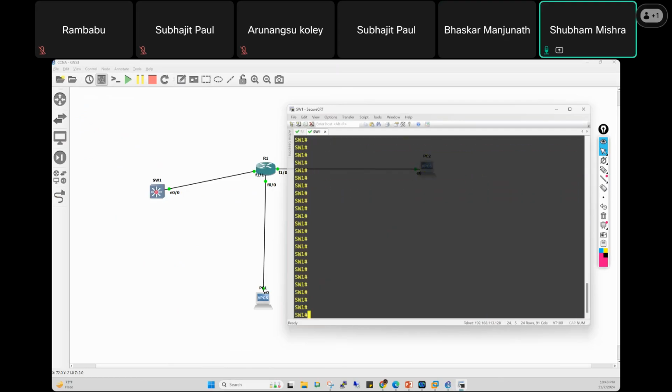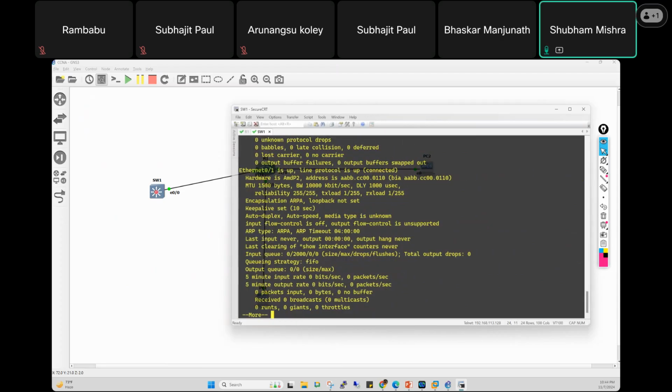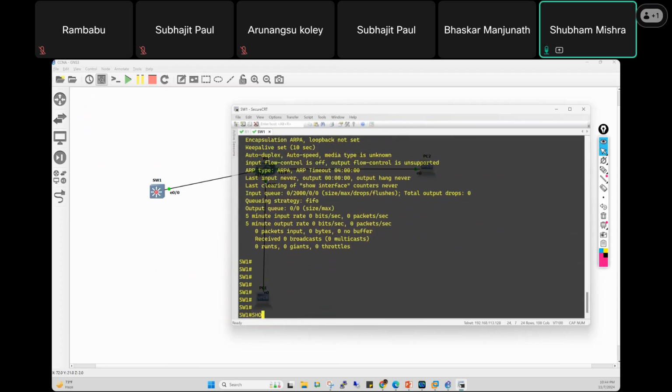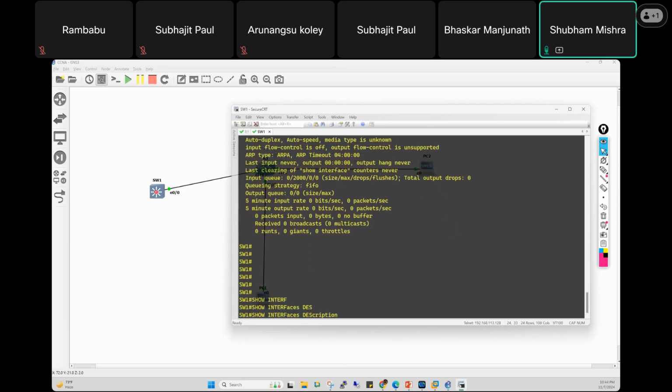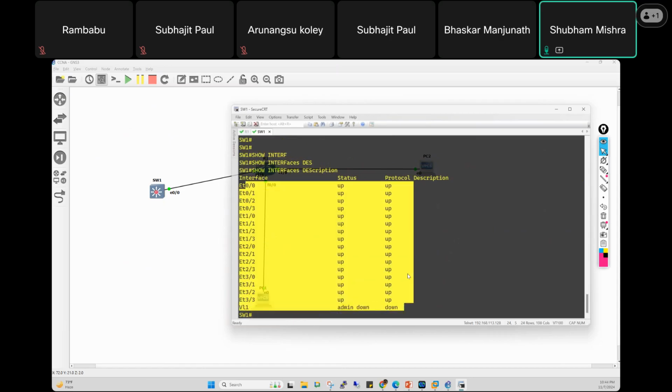See, right now we are on the switch. So I write here interface. It means you will be able to see there will be multiple interfaces. So interface description. See, these are the interfaces there, right? Now tell me what is your question?